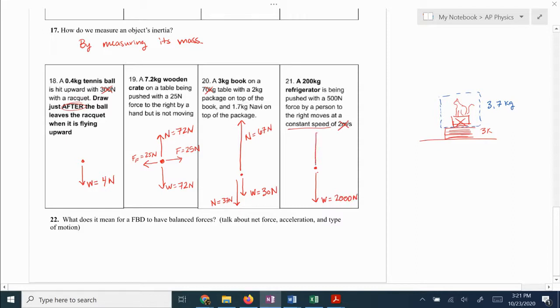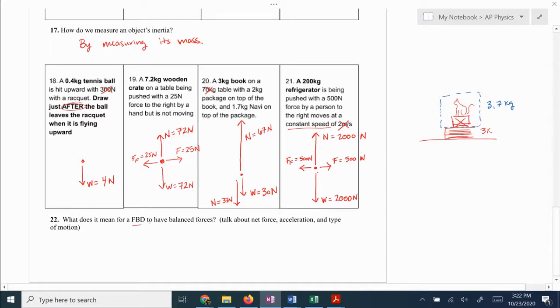We have the normal force on the refrigerator from the floor, 2,000 newtons. We then have someone pushing to the right with 500 newtons. And it is moving at a constant speed, so we need friction, which is also 500 newtons to balance that out. So there you go. That's what number 21 would look like.